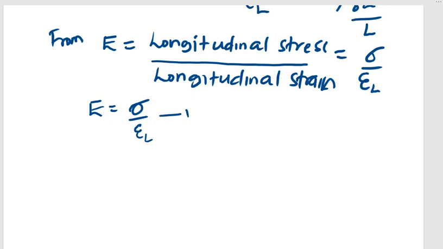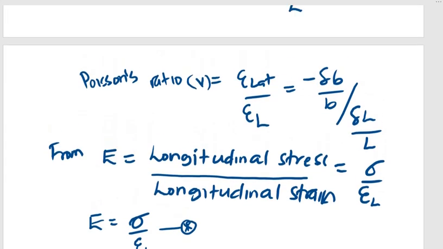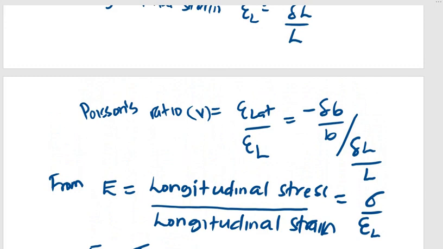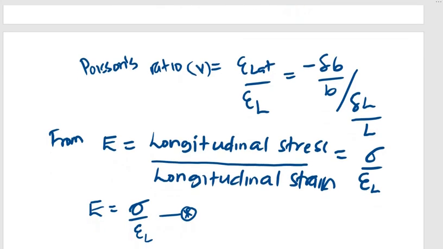Now if I call this one equation star, I already know Poisson's ratio is given by lateral strain divided by longitudinal strain. If I call that one equation 1, then I can compare equation 1 and star.